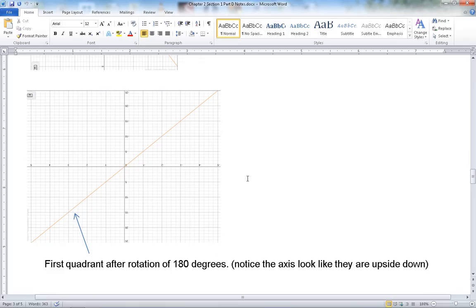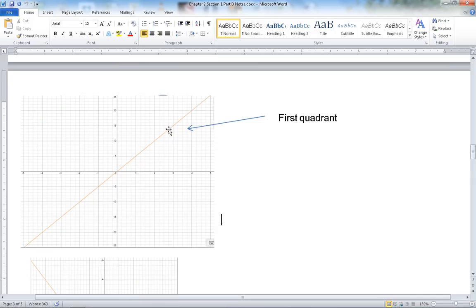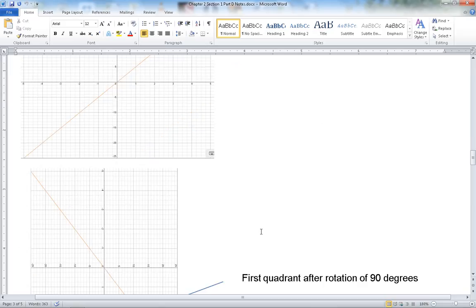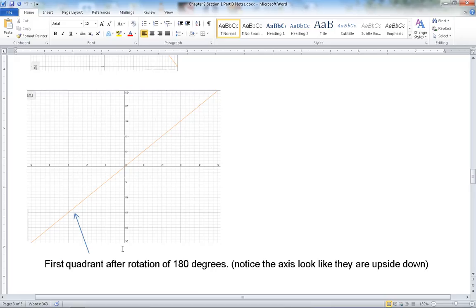And so we've taken this top graph and we've just turned it half of a rotation. So where the positive 25 was at the top of our desk, now the positive 25 is at the bottom of our desk, or it's facing us now. But notice this line is exactly what was in the third quadrant when we started.